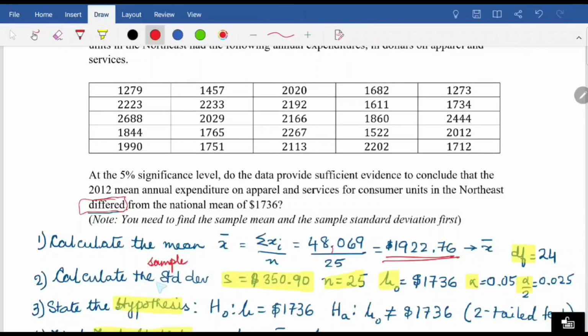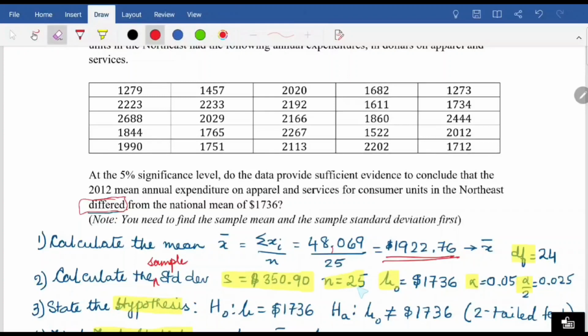The next step is to calculate the sample standard deviation, because the population standard deviation is not known. They've given us what the population mean was in 2012. It was 1,736, but they haven't told us what the population standard deviation was. So we have to find the sample standard deviation from our sample, and that value is 350.90.